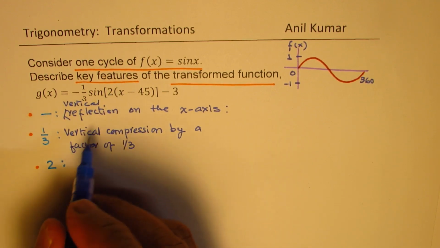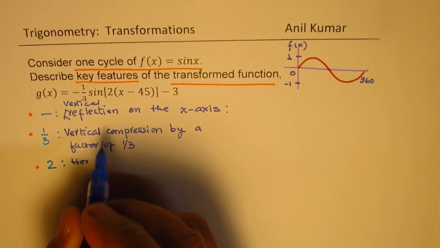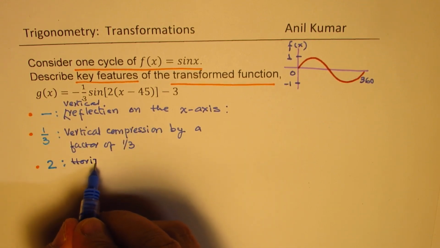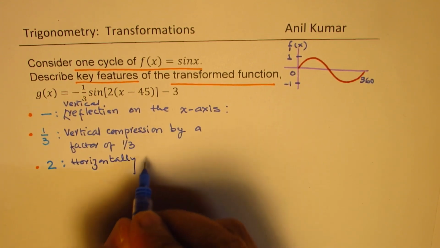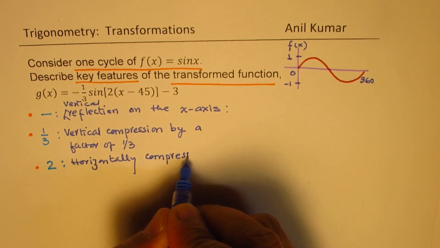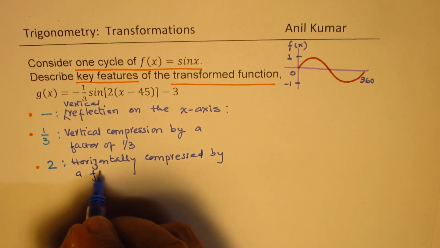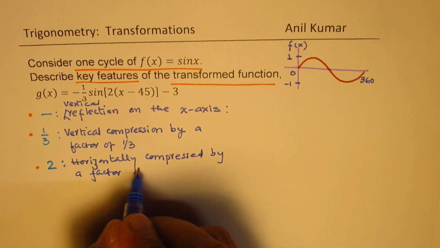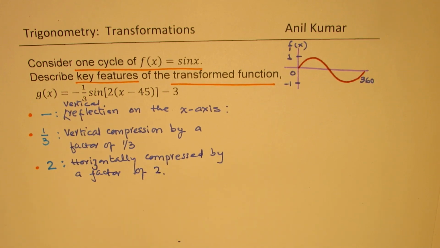Or we can say generally it affects horizontal compression. It really means horizontally compressed by a factor of 2. That's what it means.